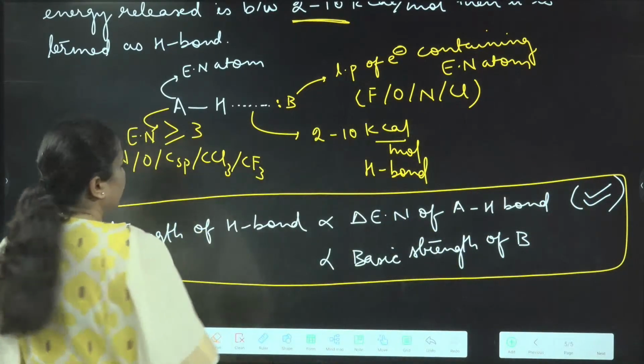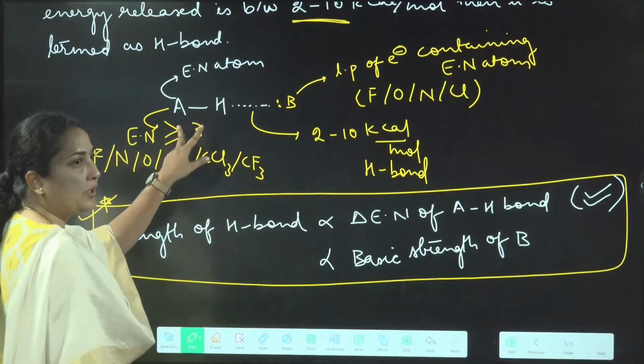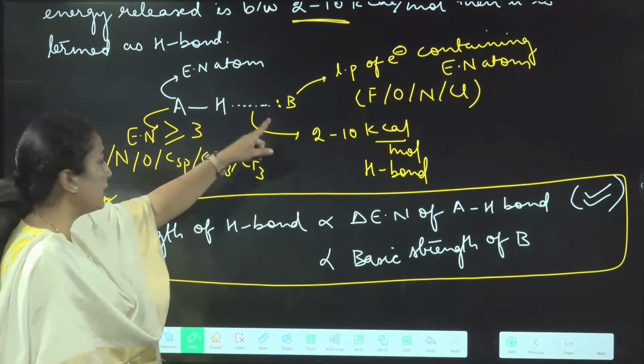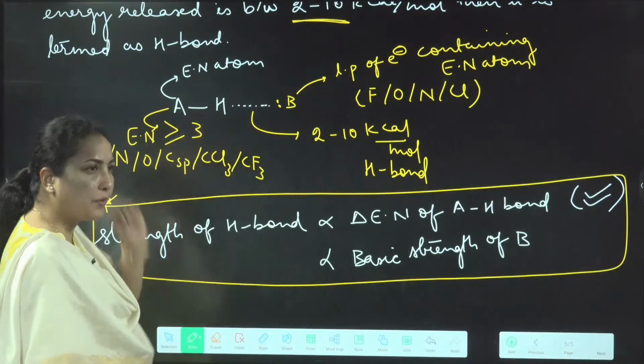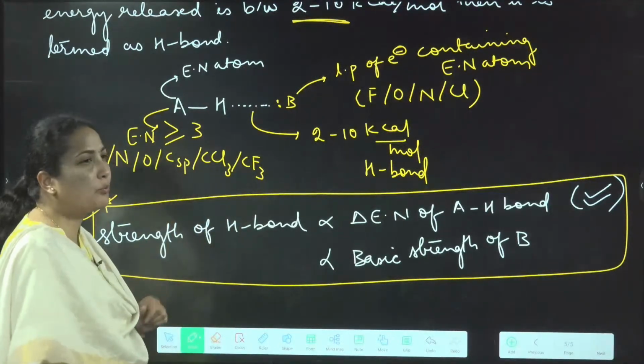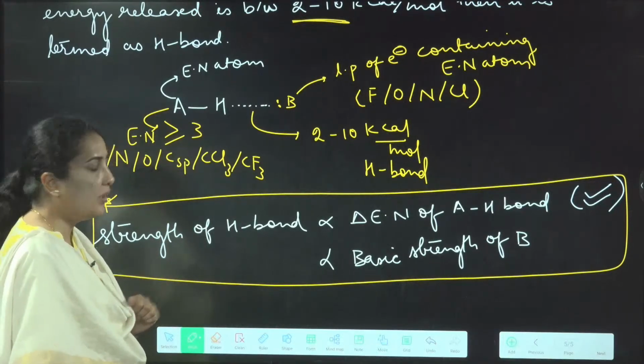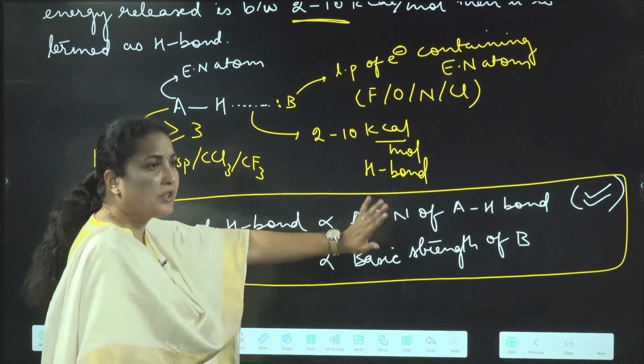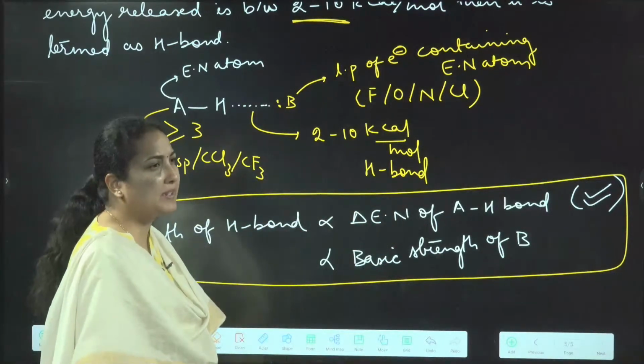Now try to understand this. If higher is the electronegativity difference here, then there is more delta plus on this, and more easily it is able to attract the lone pair of electrons from here. That's why the strength of hydrogen bond is more, right? Now, this is the more dominant factor. If this factor becomes the same, then you check by this basic strength.